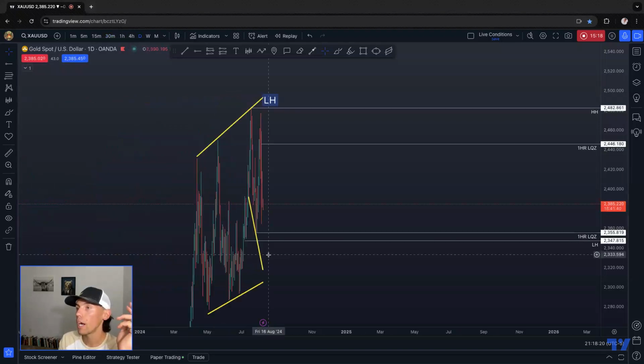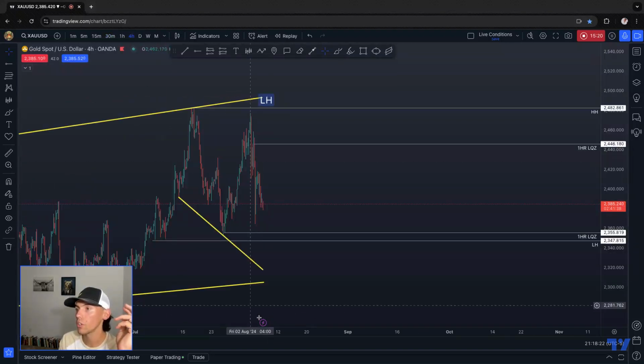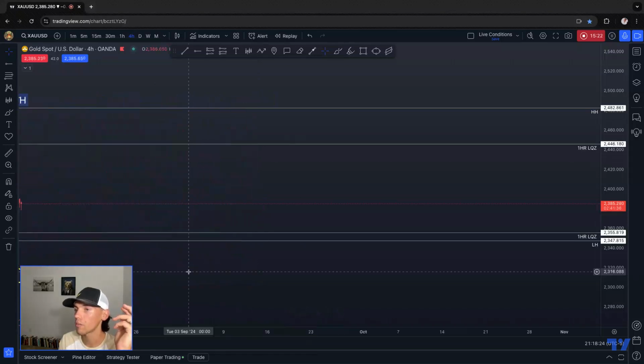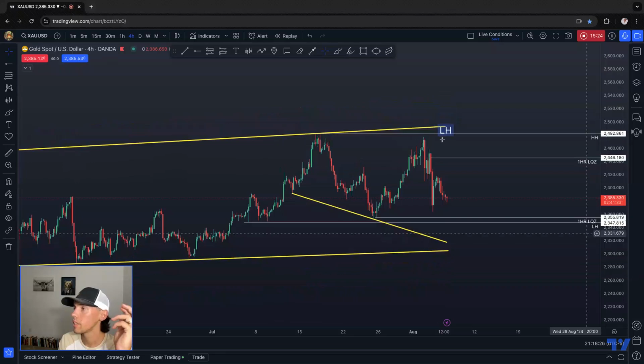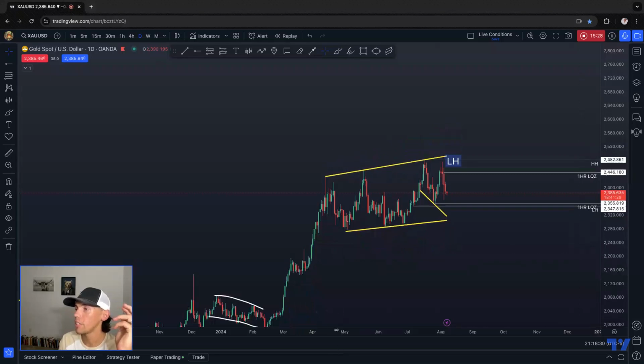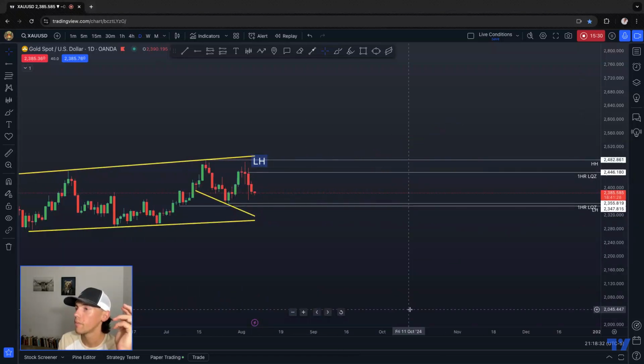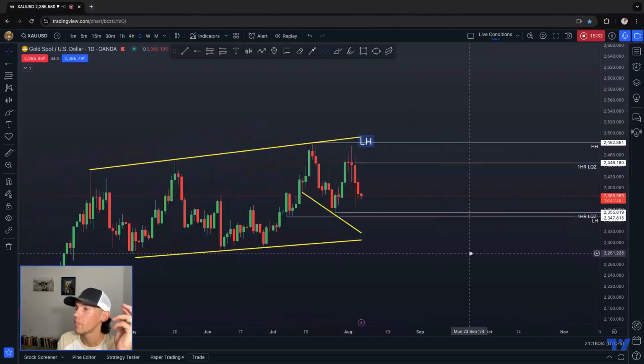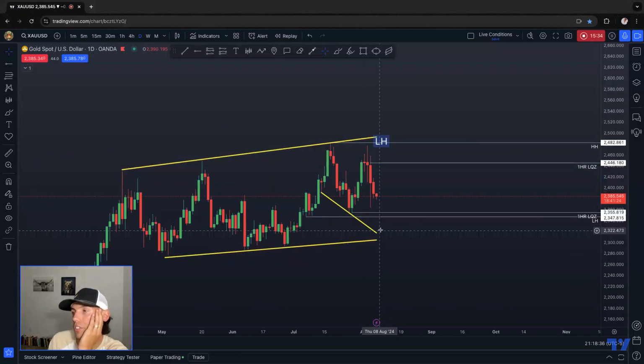Now on our 4 hour time frame, or on our daily and on our 4 hour, let's go to daily. On our daily time frame, look where the market is in relevance to things. We had this huge wick down.